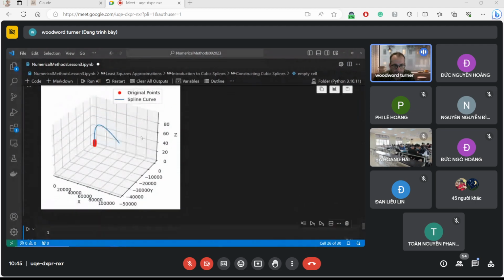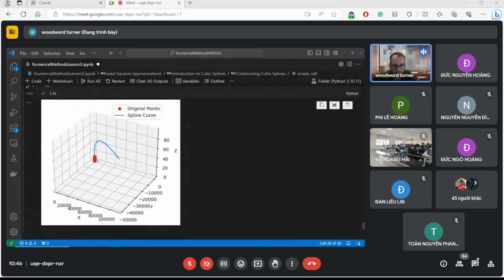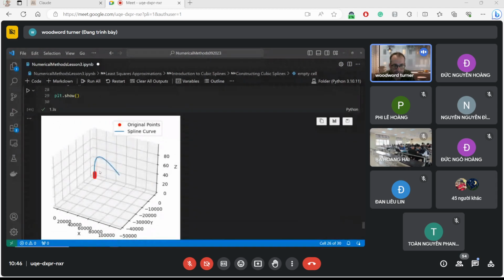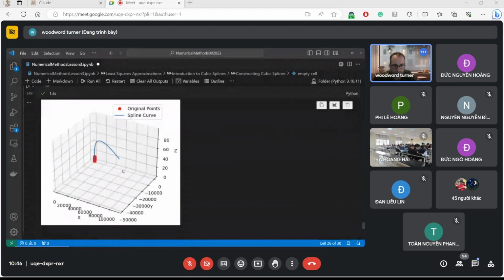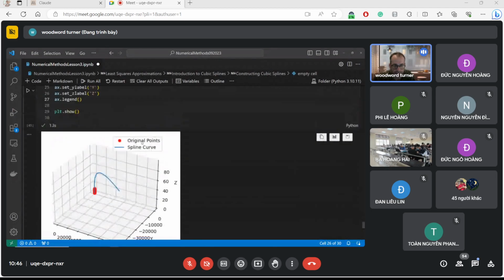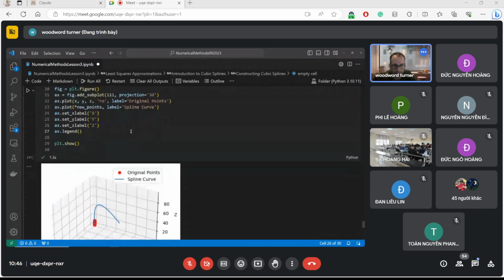Okay, so there we have these original points. They're kind of close together, that's okay, and they're on this surface here. And then my spline, which is trying to approximate the surface here, is shown in blue. So that's the actual spline curve that we got.